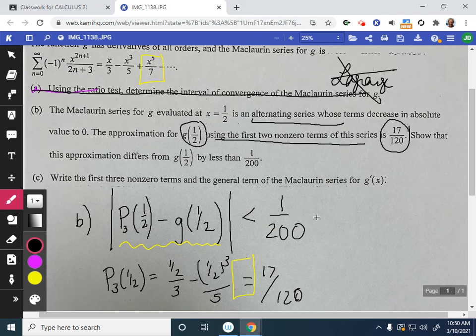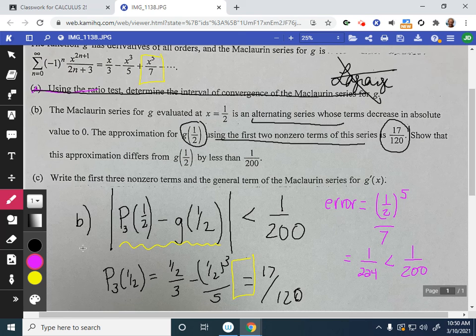So that error is just going to equal 1/2 to the 5th over 7, which is 1 over 32 times 7, which is 224. And this is less than 1 over 200.